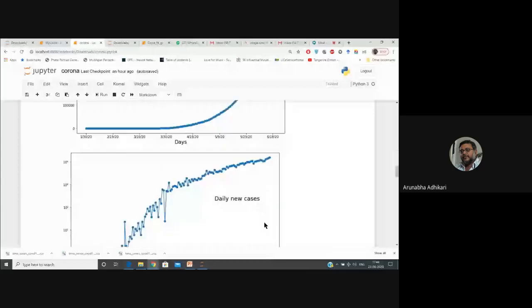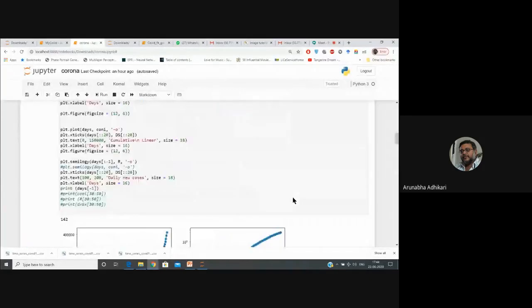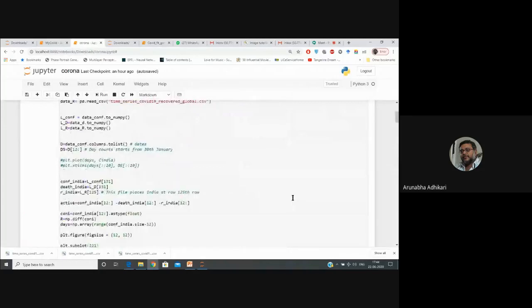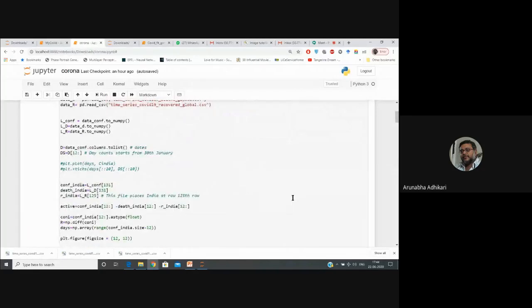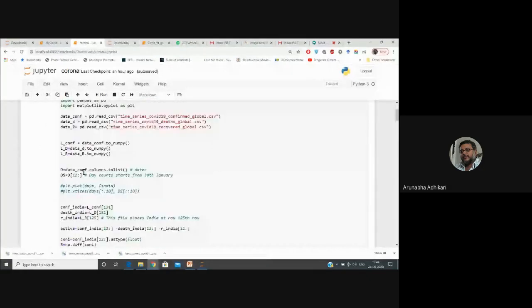Now what I did, instead of just 1, 2, 3, 4, I put the dates over here. That trick is very simple. Obijit has already told us that the names of the columns were the dates.